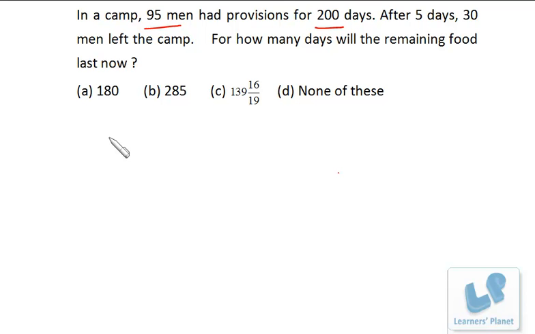So after 5 days, the food will be sufficient for 195 days, since for 5 days these 95 persons must be taking their food. Okay, so after 5 days, the food is sufficient for 195 days. Okay, and the food is sufficient for 95 men.